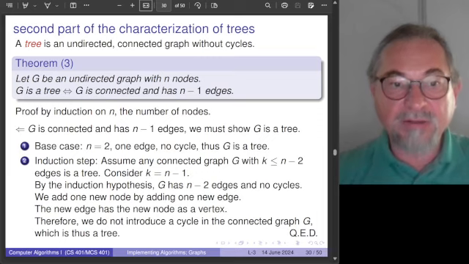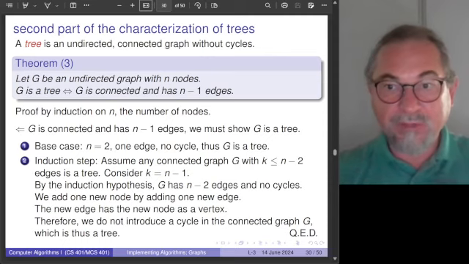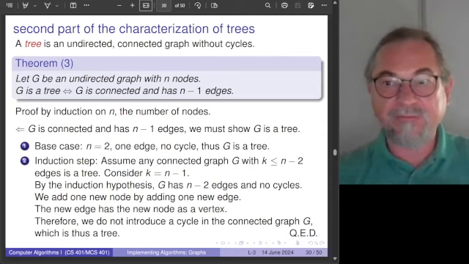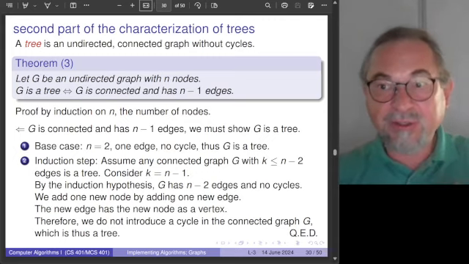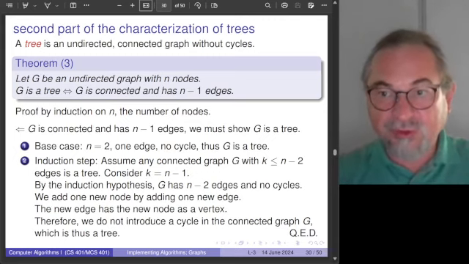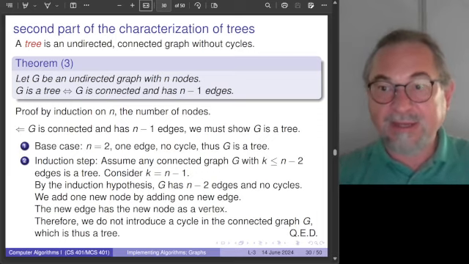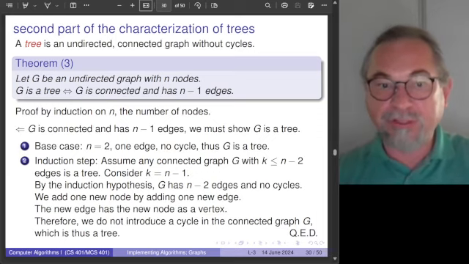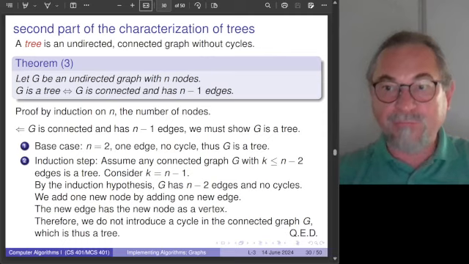Okay, so the new edge and the new vertex: we only have one vertex that we can add and only one edge. That does not introduce a cycle, because any cycle that we would introduce would actually contain that new vertex.